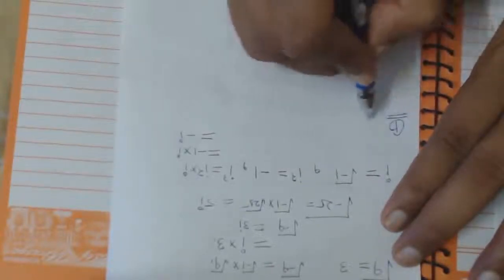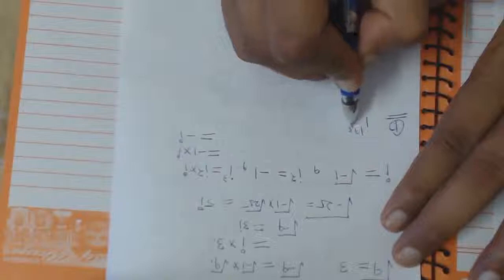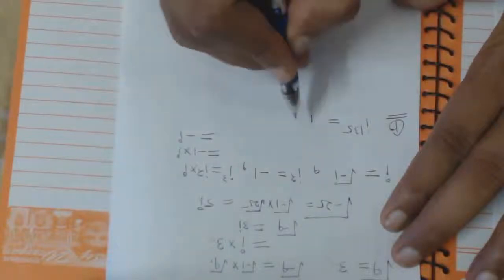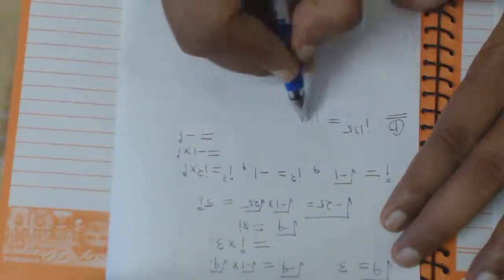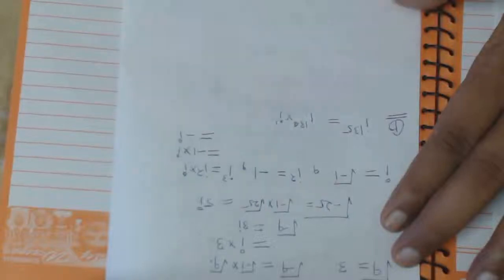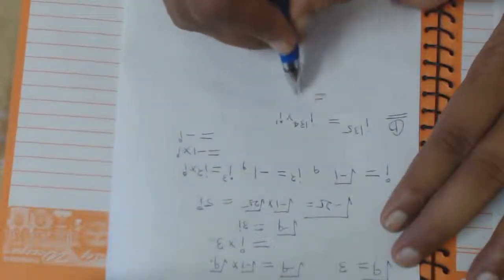Now I'm taking one question. What about iota raised to the power 135? So iota raised to the power 135 means this is an odd number. First try to break it into an even number. After this, try to break it into two parts: first is 2 and then the multiple of 2.